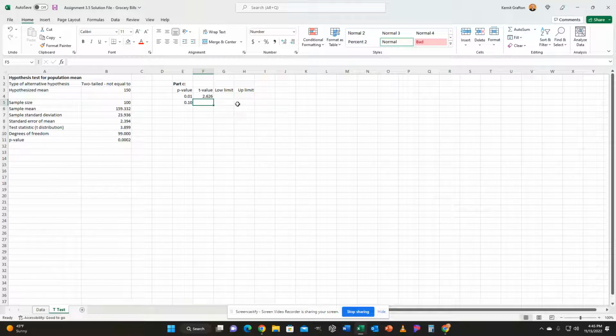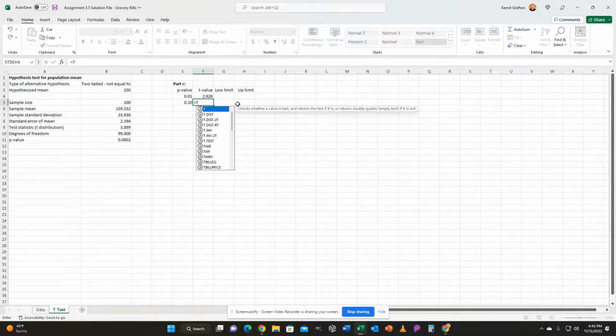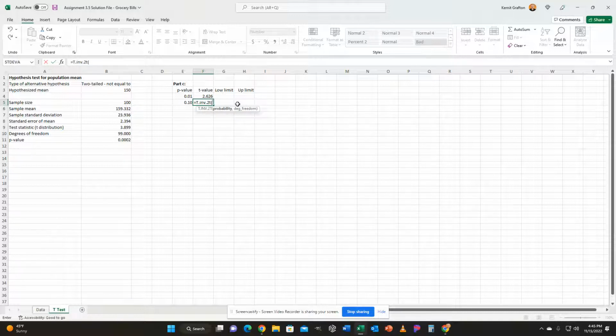Our next one is at probability 0.1 or 10%. Enter our degrees of freedom. This is 1.66.